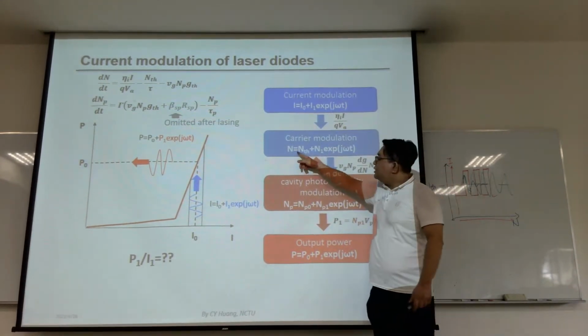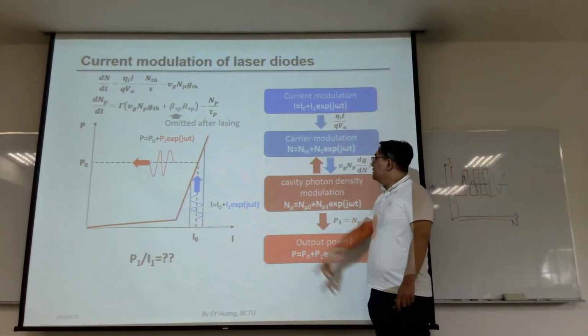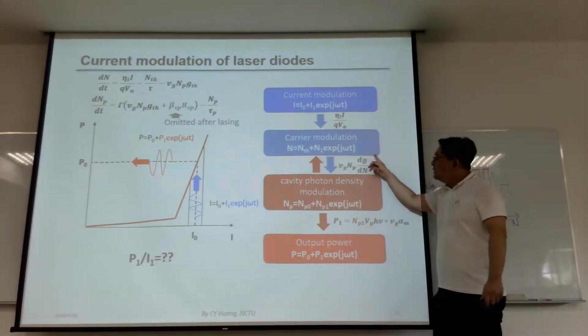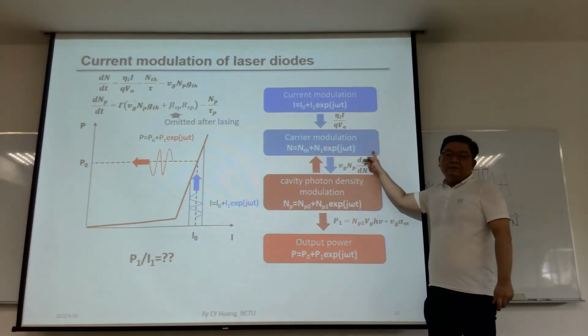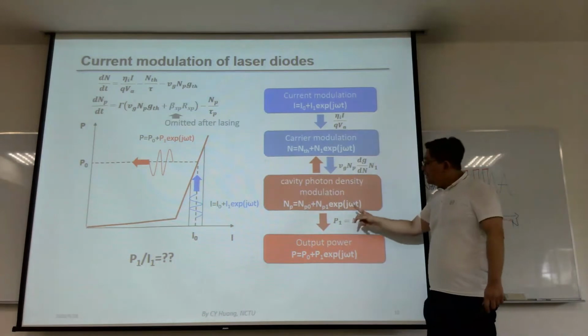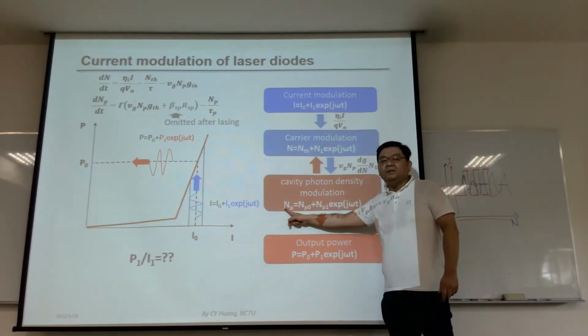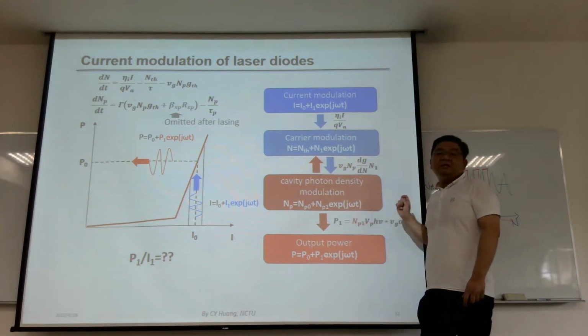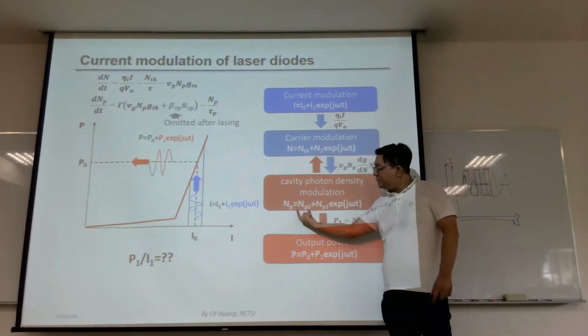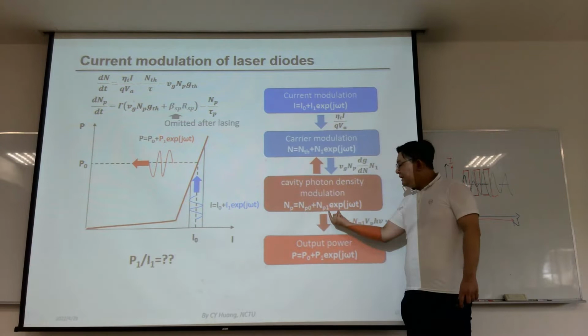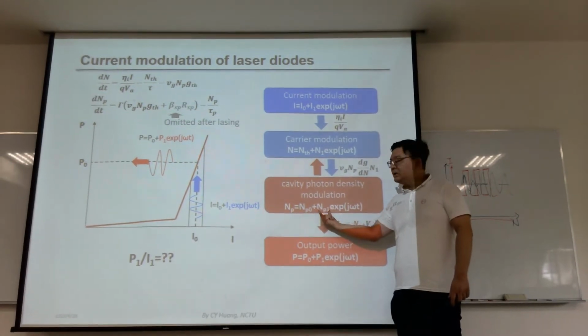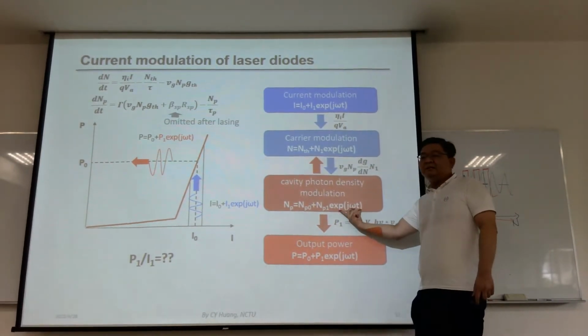And the change of the carrier density, via the term of the stimulated emission, also modulates the photon density inside your cavity. So you also have a baseline value with the amplitude NP1 and the oscillating term.